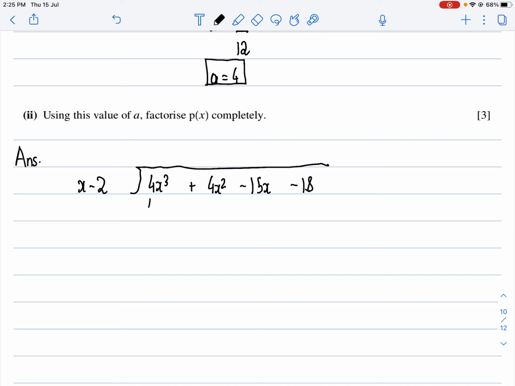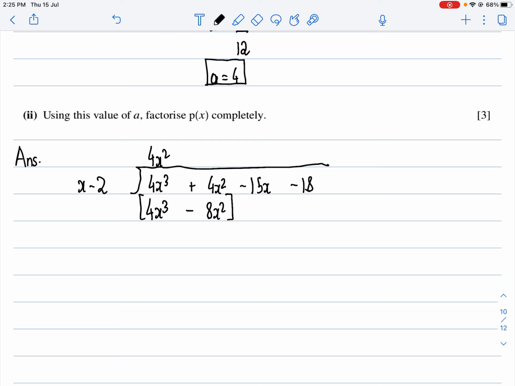Now here I need the value of 4x cube. What do I multiply to x to get 4x cube? I simply multiply 4x square, because x into 4x square will give me 4x cube. Now I do minus 2 into 4x square, which gives me minus 8x square.